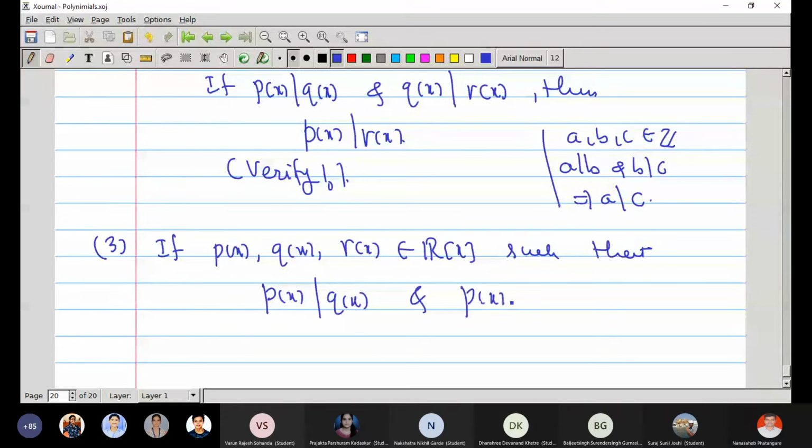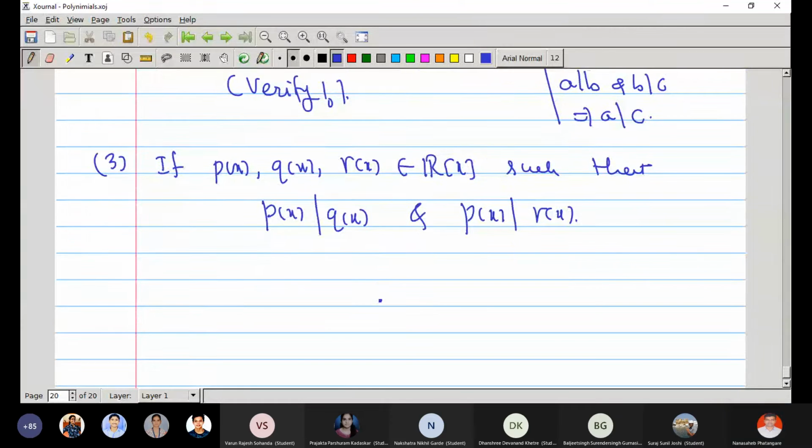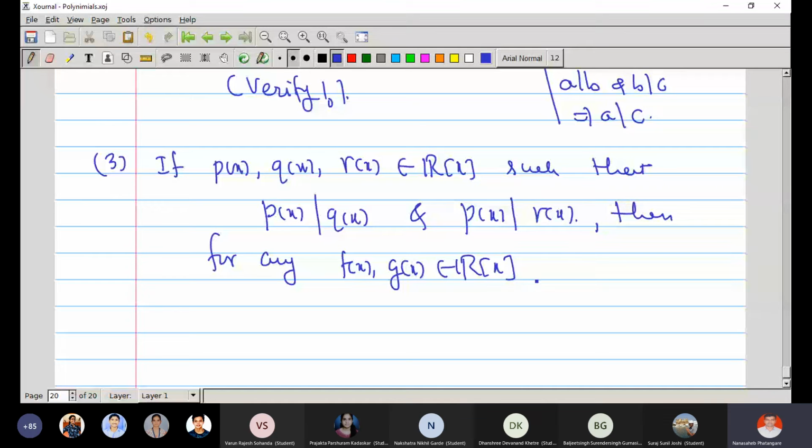Then for any f(x) and g(x) in R[x], now you choose any two polynomials, we have p(x) divides f(x)q(x) + g(x)r(x).